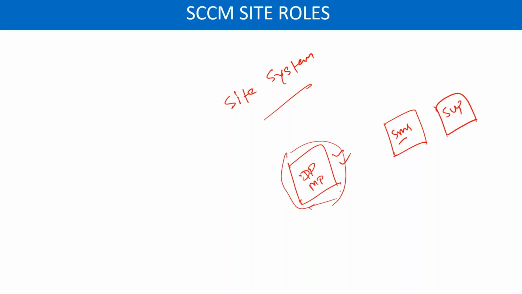It's a small component which we install on a box for a particular role. Only a small component. The same Windows server which is playing as a secondary site will be a separate server.